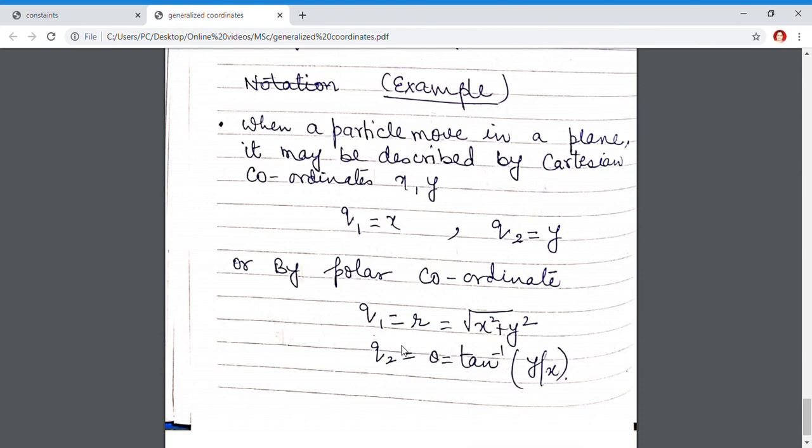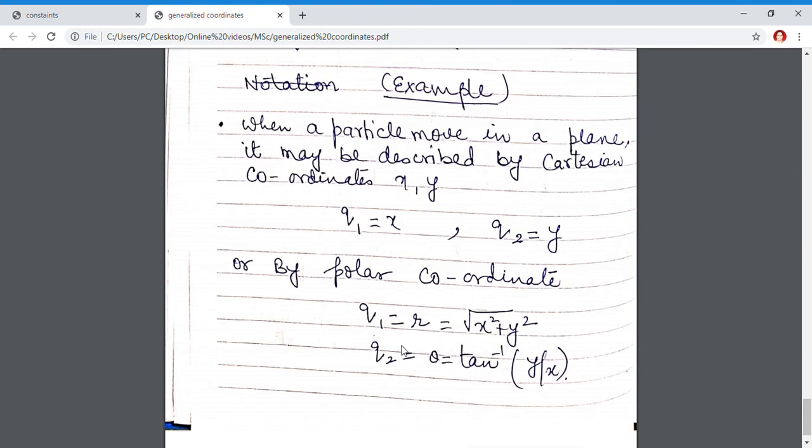So there are constraints which means restriction, and these constraints were classified on the basis of equation as holonomic and non-holonomic, and on the basis of time dependence, rheonomic and scleronomic.